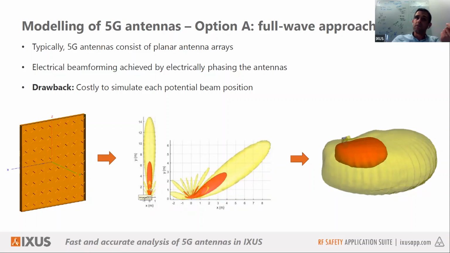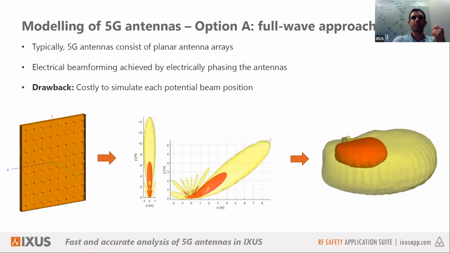What we can then do is dynamically adjust that beam, or as we say, electrically scan it, to the extent that this 5G antenna will support that behavior. So we phase these elements electrically, and then we can steer the beam outwards to the extent of what the 5G antenna supports. Here the beam, I think, is steered to about 60 degrees. What is also good to note is that by doing so, you also account a little bit for the physics of what the antenna will do, in terms of the gain tapering more towards the edges of that scan range.